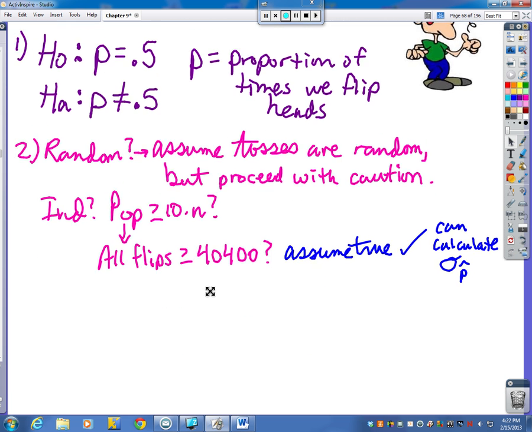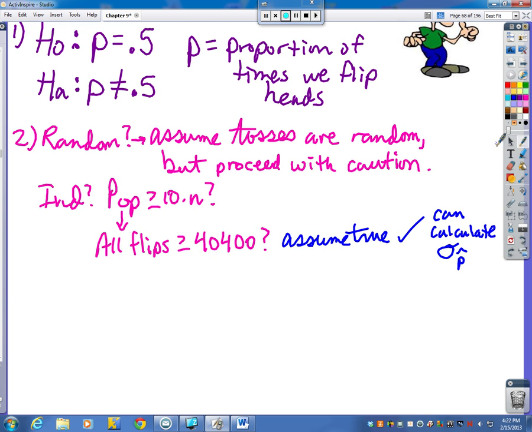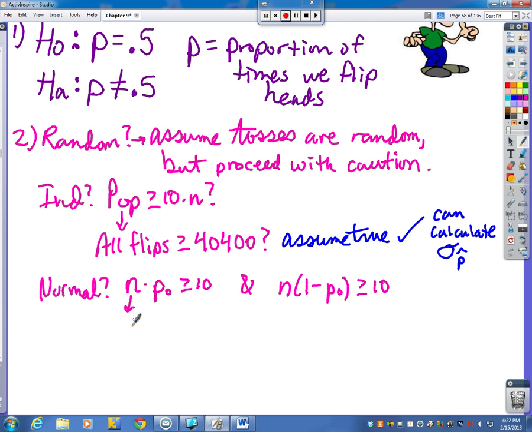Now we move on to condition 3, which is, do we have a normal distribution? So we need to check, is n times p naught greater than or equal to 10? And is n times 1 minus p naught greater than or equal to 10? Well, n is our sample size, which is our 4,040 flips, and our p naught, remember, comes from the value that we are hypothesizing, our 50%.